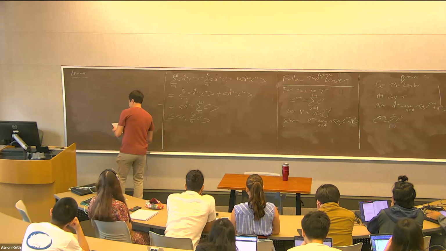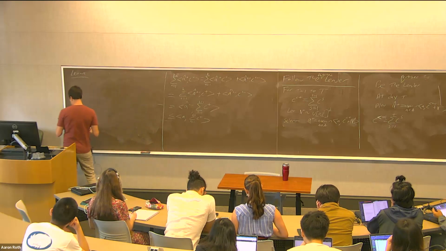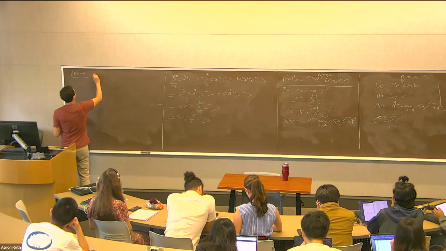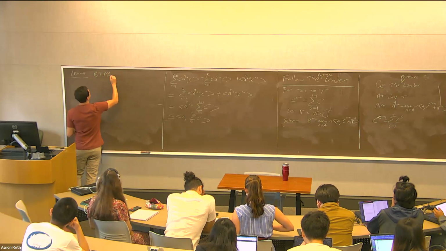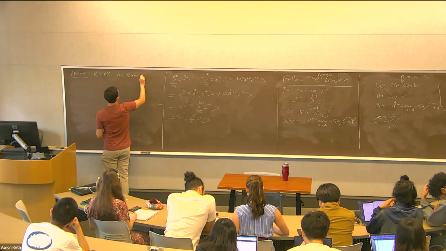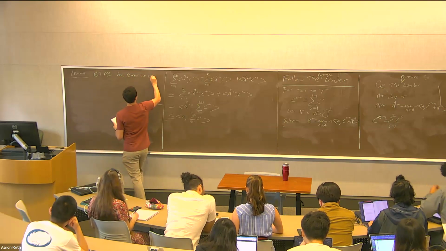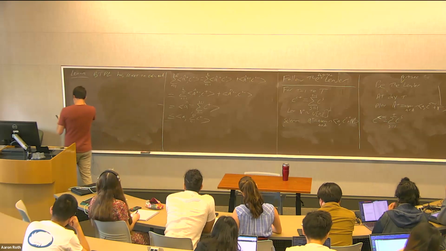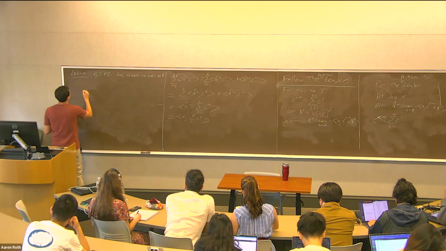So the lemma is going to be that B, the perturbed leader, has regret to each action A that's not too big.